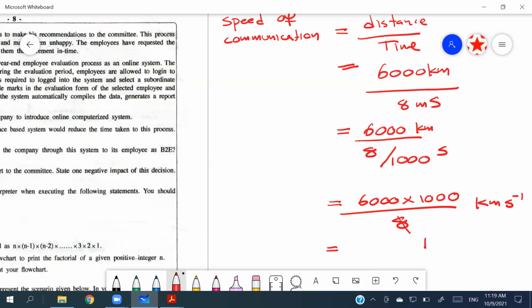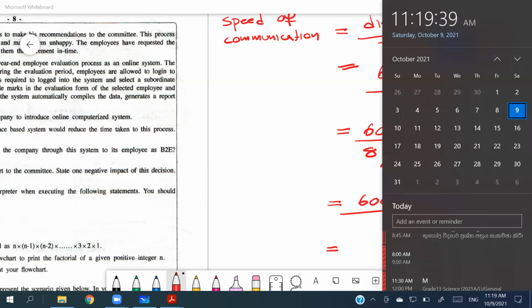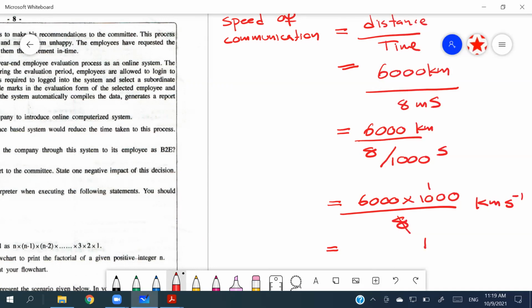Let's say 1 over here, and for 10 it is 1, for 2 it is 2 remaining, 20 it is 2, this is going to be 125. 125 into 6 means 6 into 2 is 12, 12 plus 3 is 15. So it's going to record this much speed.